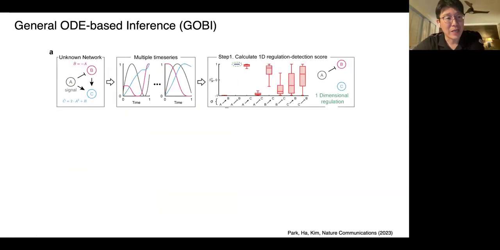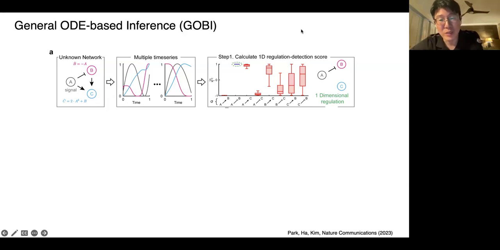We name this general ODE-based inference, or GOBI. Let's begin with a very simple example. Here is a three-node network with two positive regulations and one negative regulation. Let's simulate the time series from this ordinary differential equation with various initial conditions.